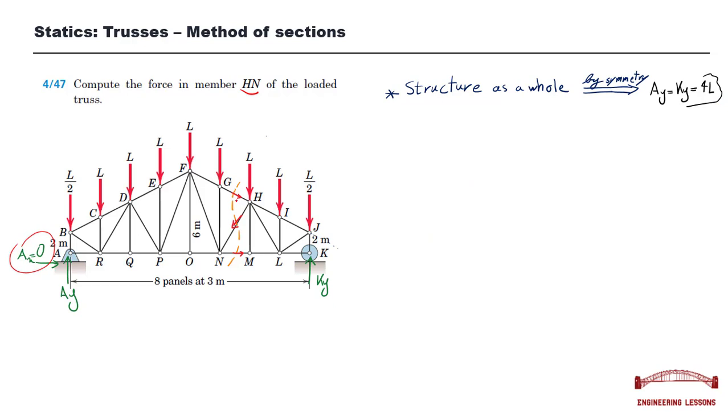So one of the advantages that method of section has over method of joint is that we can take advantage of the moment equation.